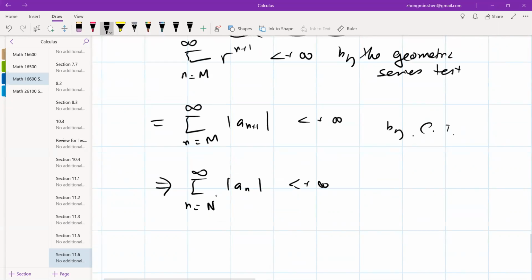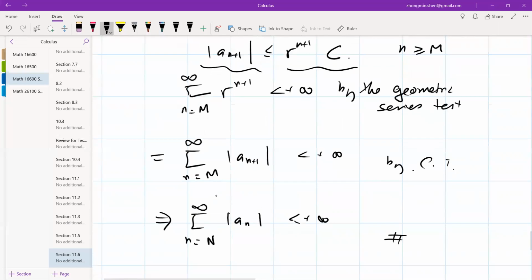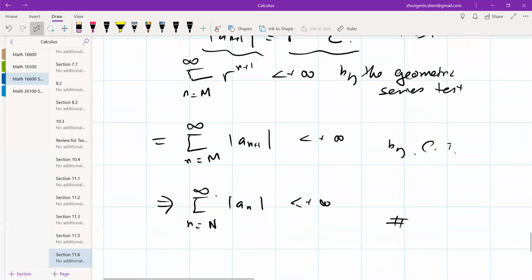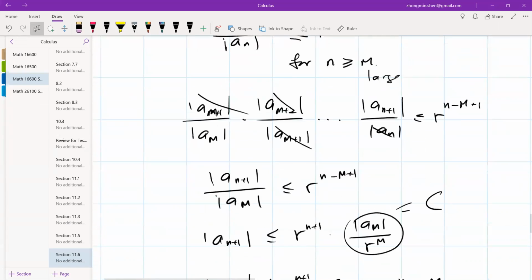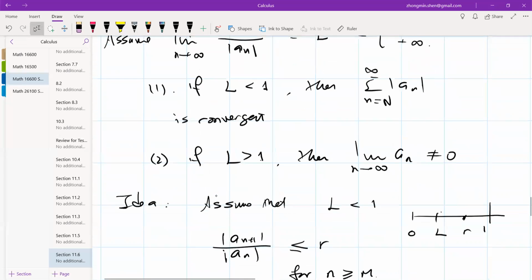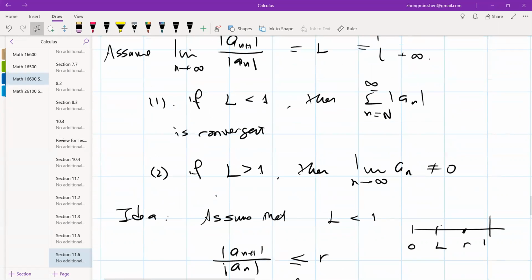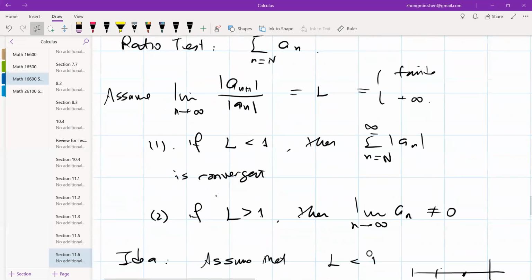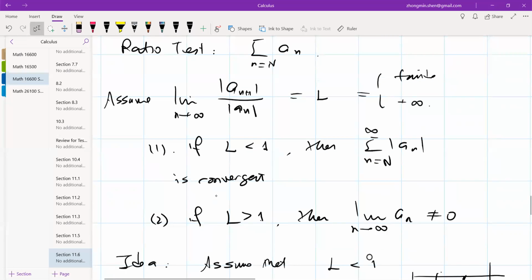So I'm not going to keep giving you all the proofs. There's another one called the Root Test. I'm not going to prove it, but I only give you this proof, and just show you that you compare the absolute value of the nth term with a geometric series. If the limit L is less than 1, it converges.